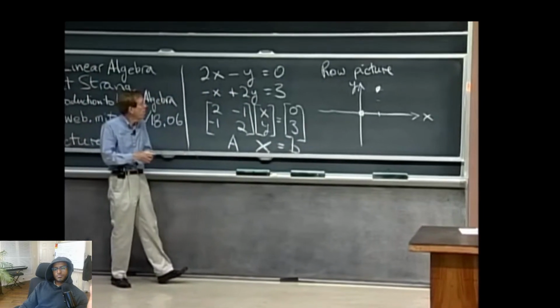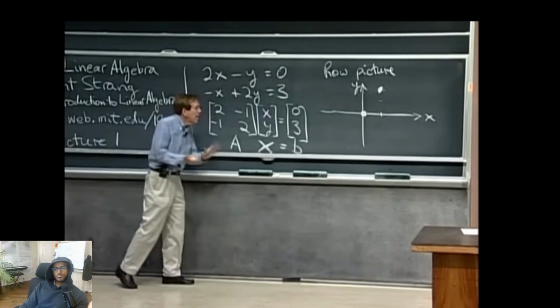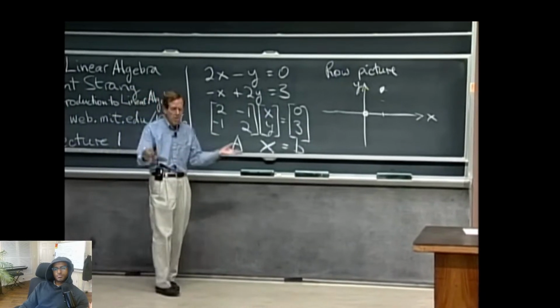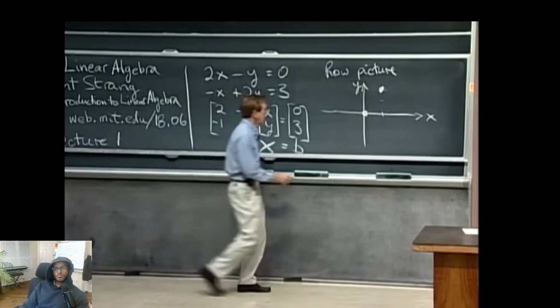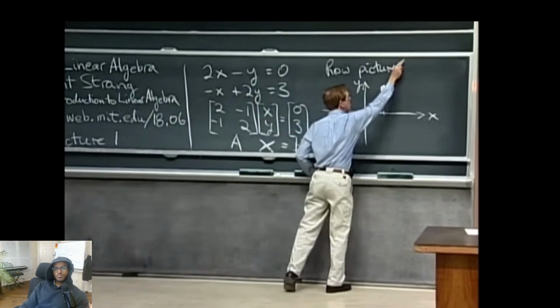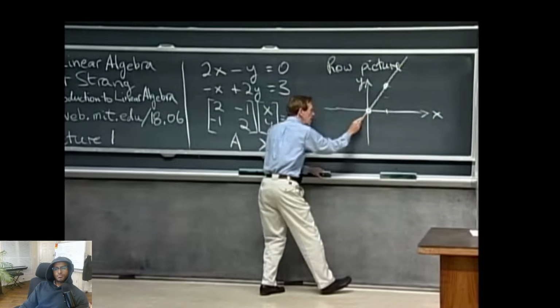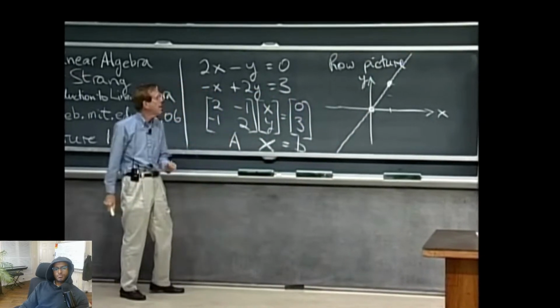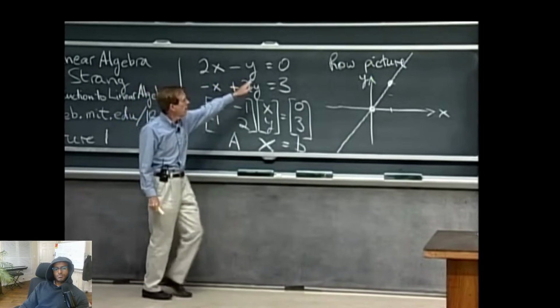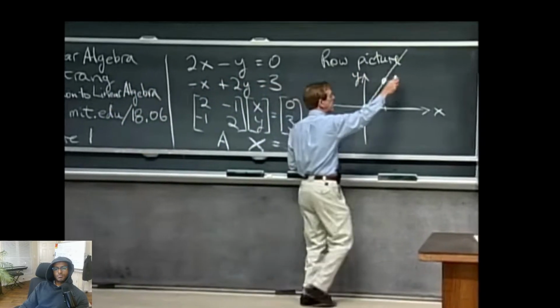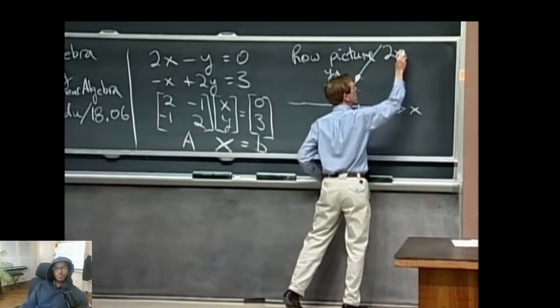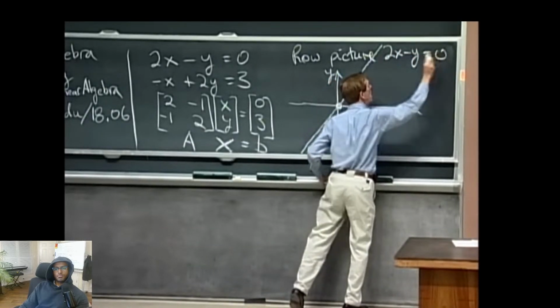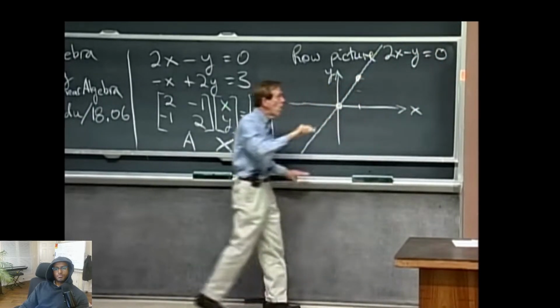And I could put in more points, but let me put in all the points at once, because they all lie on a straight line. This is a linear equation, and that word linear has the letters for line in it. This is the line of solutions to 2x minus y equals 0, my first equation.